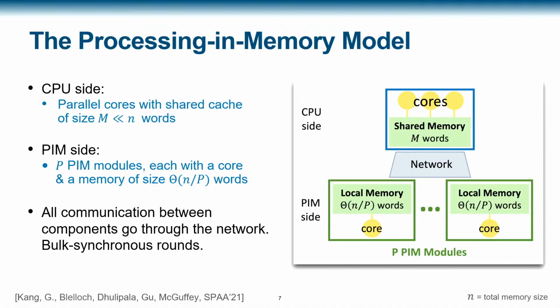All the communication goes through the network, so there's no direct communication. It all goes back and forth, and you do it in bulk synchronous rounds. You offload the work, you say go PIM side, it does a bunch of work, there's a way of detecting when the PIM side is done, and then you gather all the results back. So it's these bulk synchronous rounds.